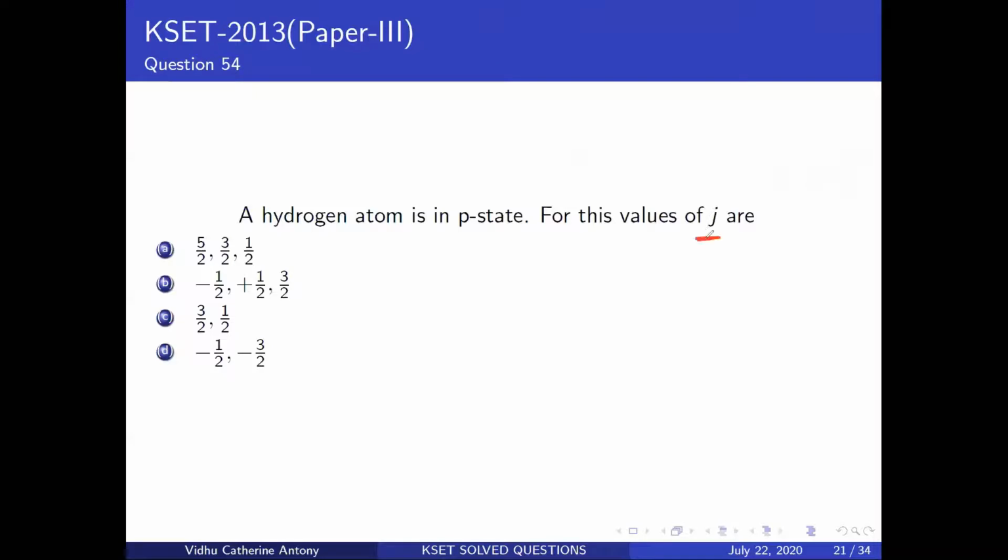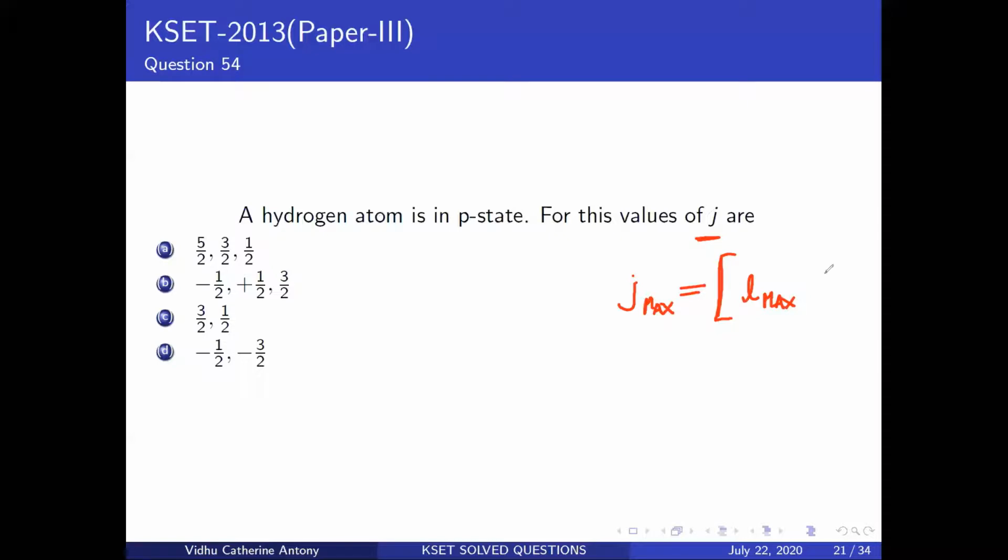What you're calculating is the value of little j. So how do you add them up? You take your J max, which is equal to L max plus S max.